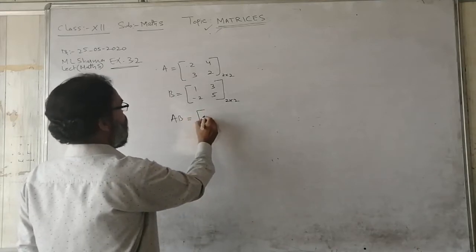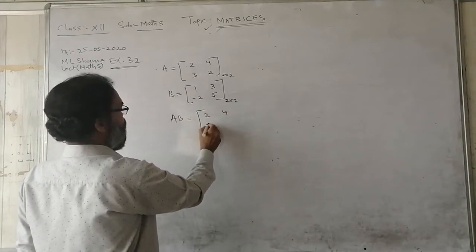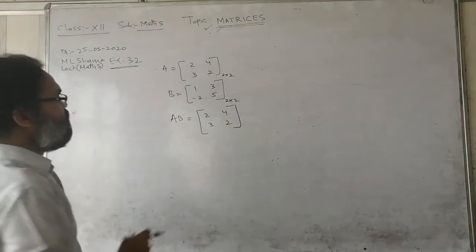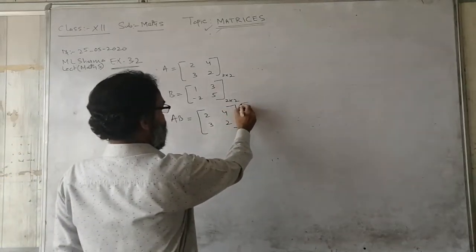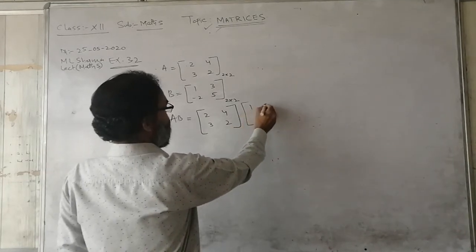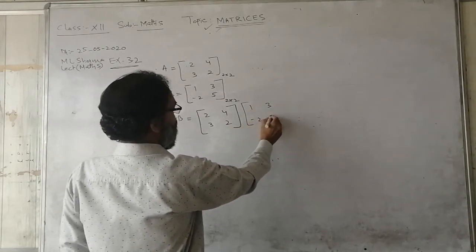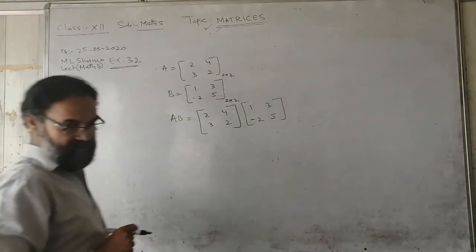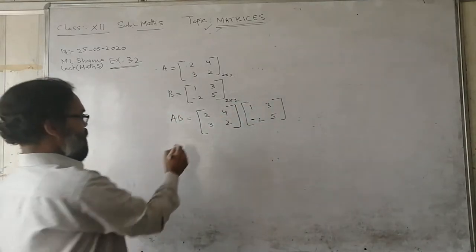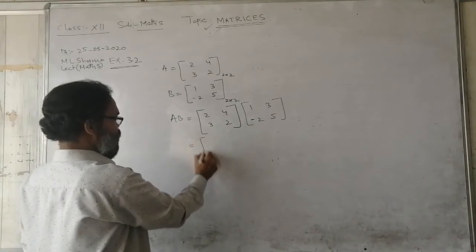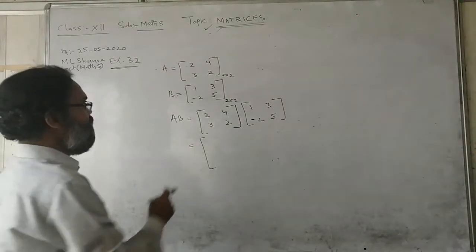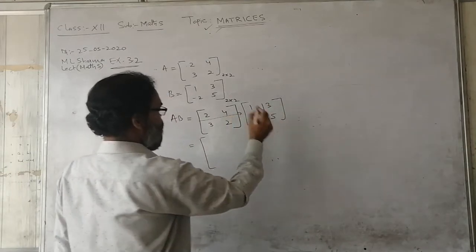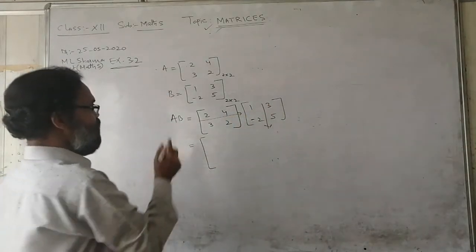So this will equal 2, 4, 3, 2, matrix A, elements of matrix A, and the elements of matrix B. So if I have to multiply them using the rule, this row R1 and this column C1, elements are to be multiplied.